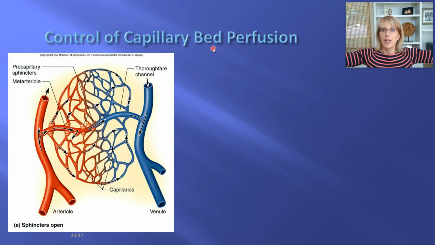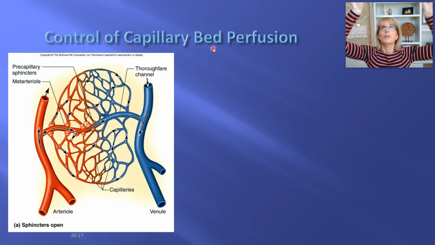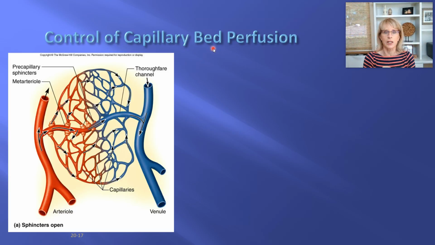It kind of is branching. That's the way arteries are. Veins are kind of the opposite. Little ones come together, come together, come together. Capillaries are different. They are not branching in that sense. And so we describe the organization of capillaries as being capillary beds.